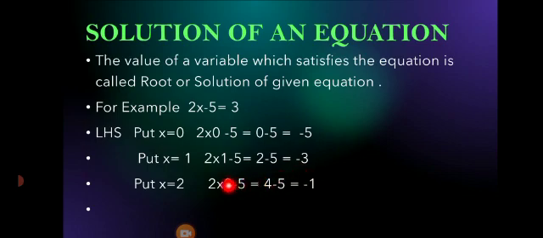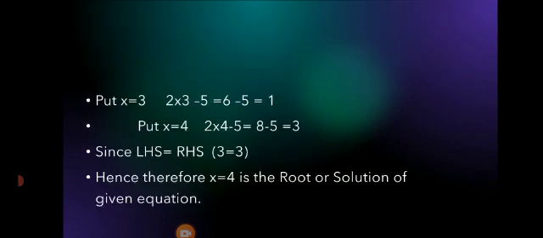Since 5 is the bigger number, the answer will be negative. Again minus 3 is not equal to the right hand side. Now I will put x equals 2. 2 multiplied by 2 minus 5, that is 4 minus 5, which is minus 1. Next, I will put x equals 3. 2 multiplied by 3 minus 5, that is 6 minus 5.